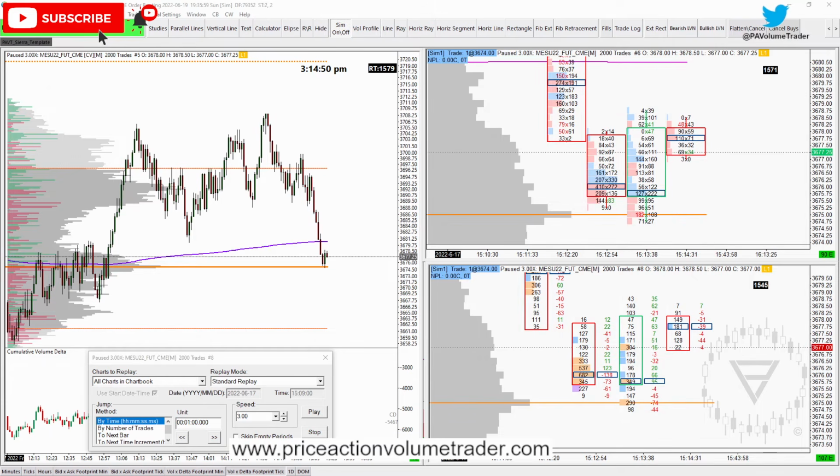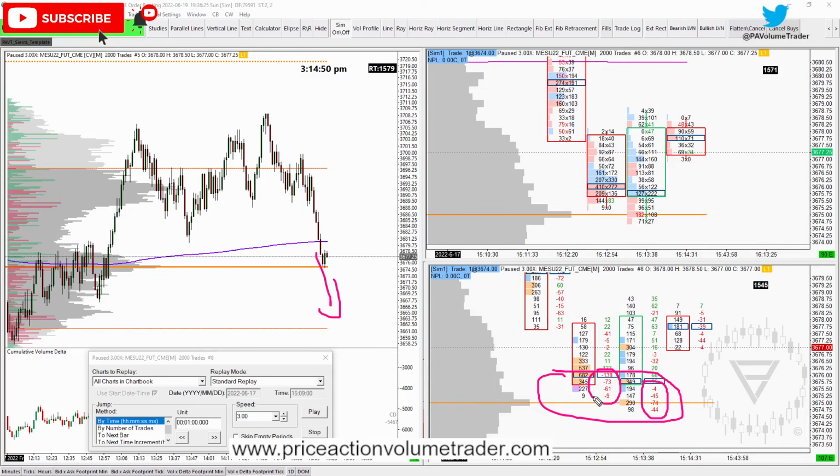So now we also have all these negative deltas, meaning there was more aggressive selling than buying right at this level down here at the lows of the candles. This is trapped late sellers, people that were thinking this was just going to keep going down, and they all got trapped at the bottom here.